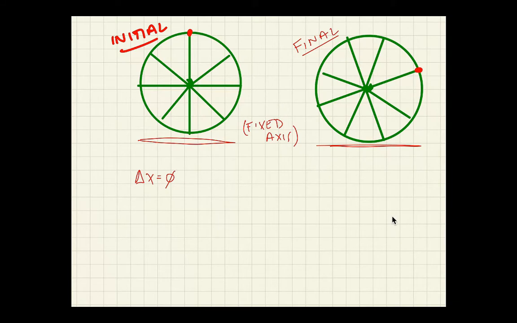So its position hasn't changed, displacement of zero. Its velocity would also be zero. Its acceleration is zero. Its momentum is zero. And its kinetic energy is zero, right? All of these factors are zero for this object because it hasn't actually moved from one place to another.